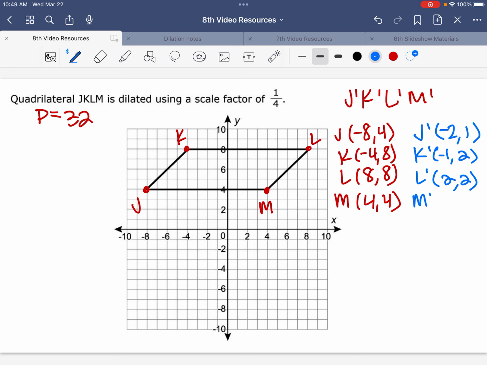And then 1/4 of 4 is 1, so we have M prime at the coordinates of 1 and 1. So now we are going to go and graph it. There's J prime. There's K prime. L prime is at 2, 2. And M prime is going to be at 1, 1.